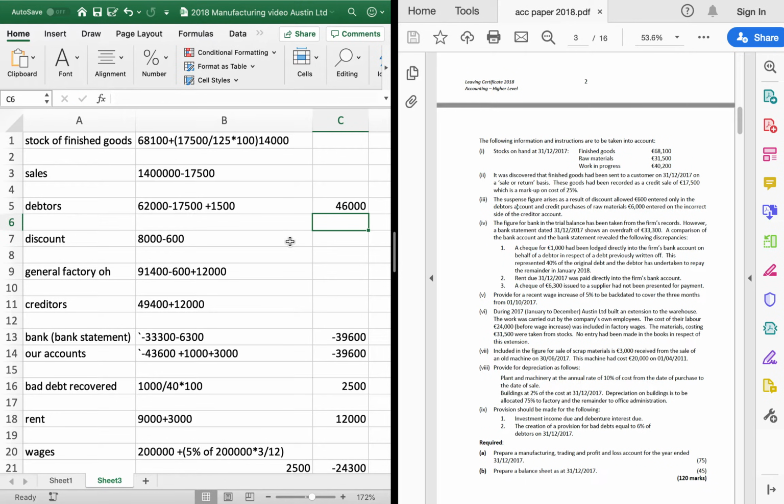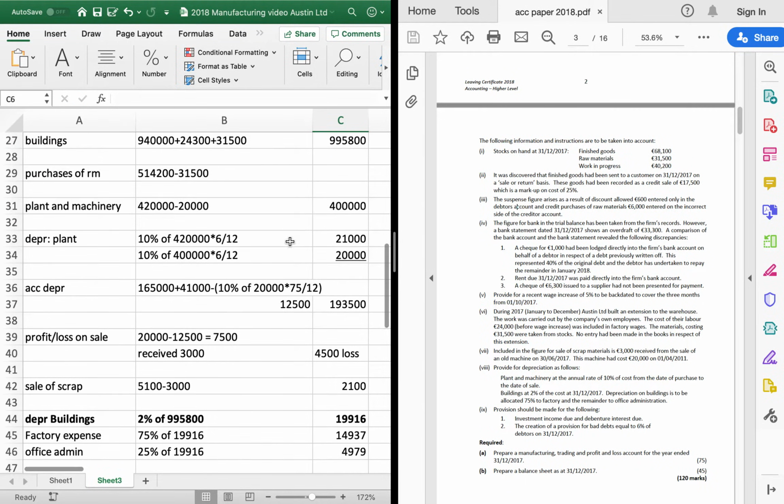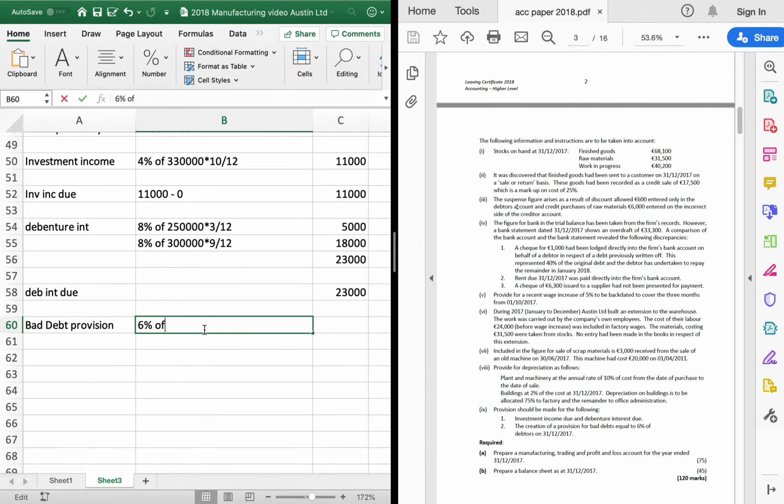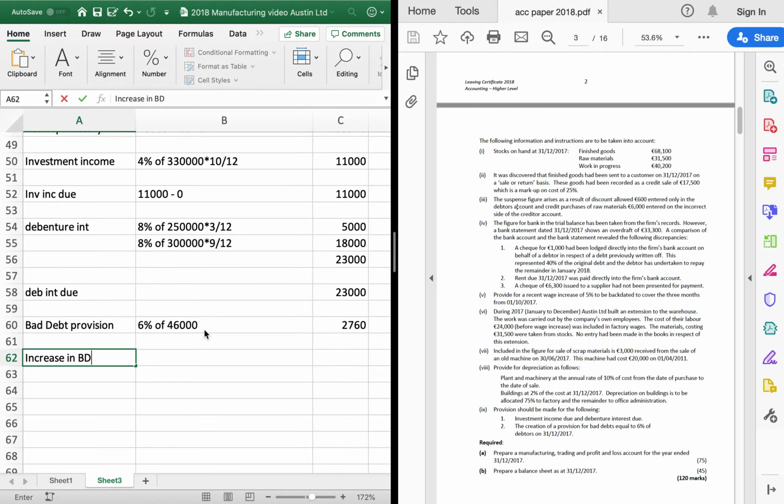So debtors 46,000. So it's 6% of 46,000. It's 2,760. And that automatically is an increase of 2,760. Don't forget to put that in. So when you create a bad debt provision, the full amount is an increase. All right, so that's all the workings.